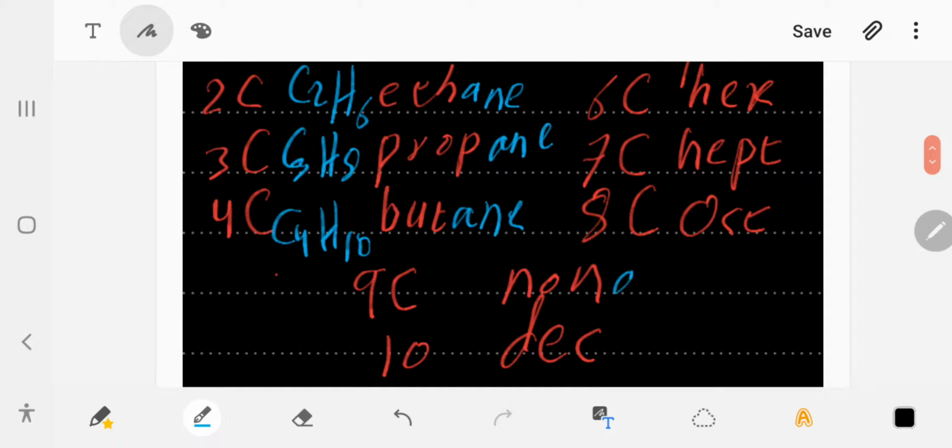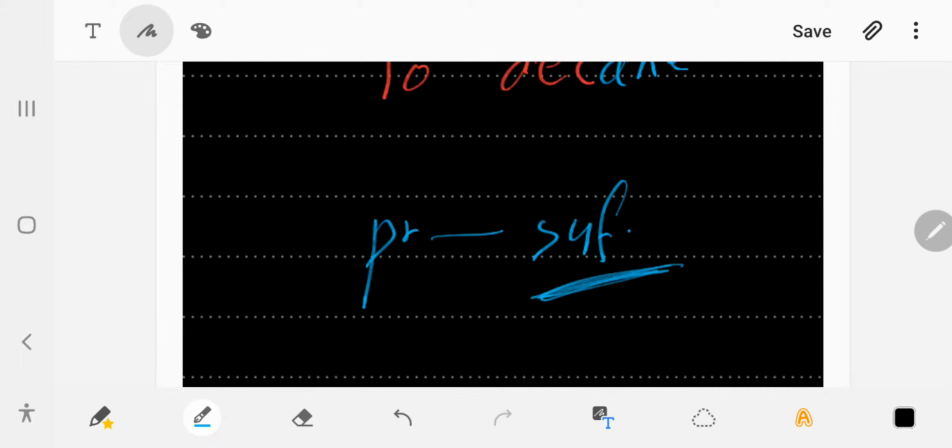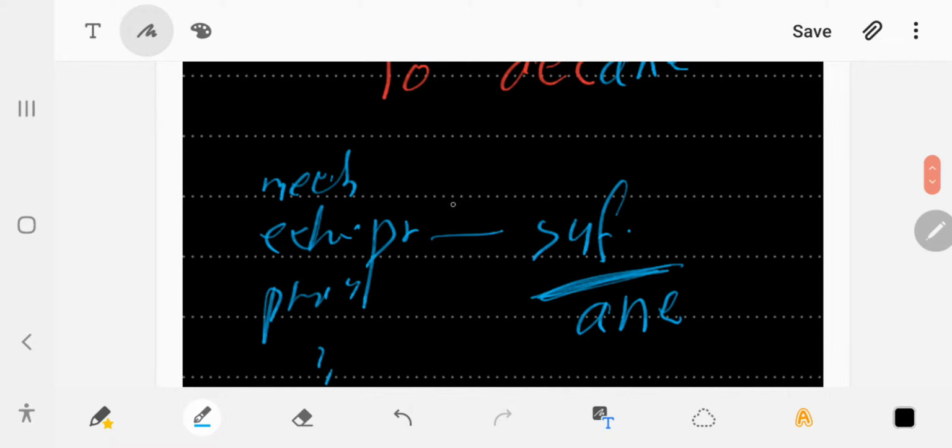So this is nonane, decane, and this is octane, heptane, and hexane. So we just take the prefix with the suffix. The suffix is always ane, and the prefix will be meth, eth, prop, and so on, depending on how many carbon atoms we have. So this is how we name the hydrocarbons.